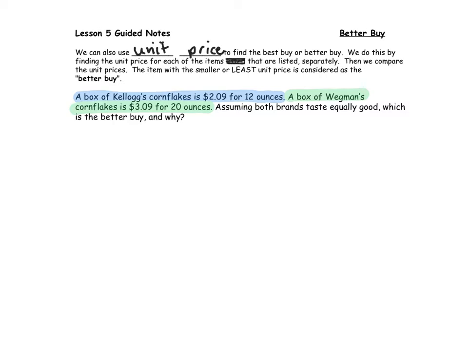So what we're going to do is we're going to separate our items. We're going to find out the unit price for Kellogg's, and then we're going to find out the unit price for the Wegmans brand. So basically, we're doing what we did yesterday. We're just doing it twice, given the different information.